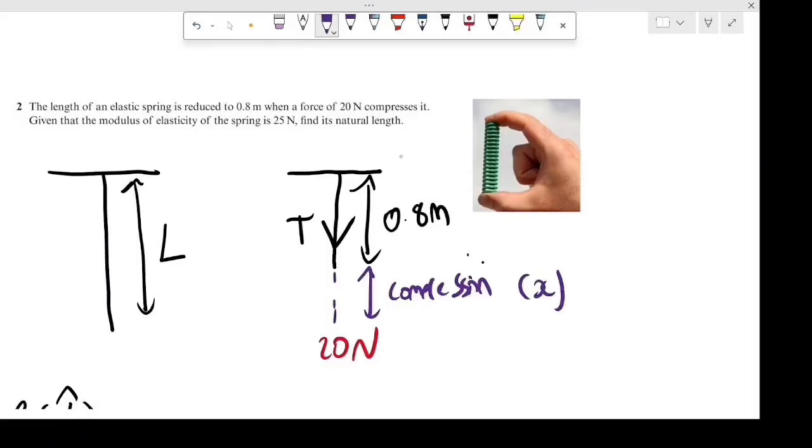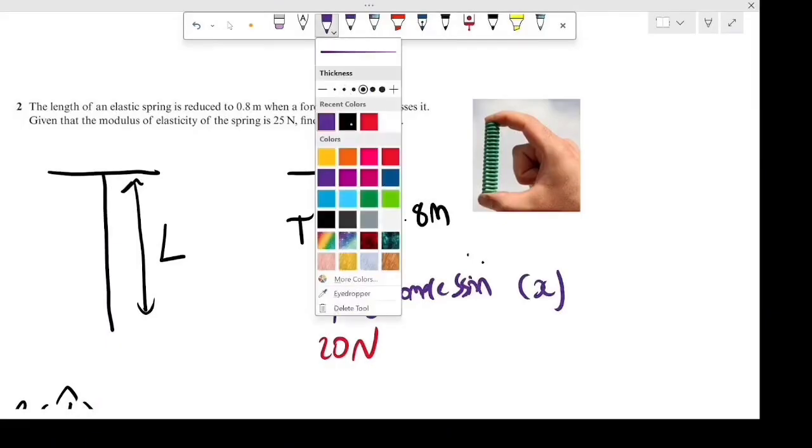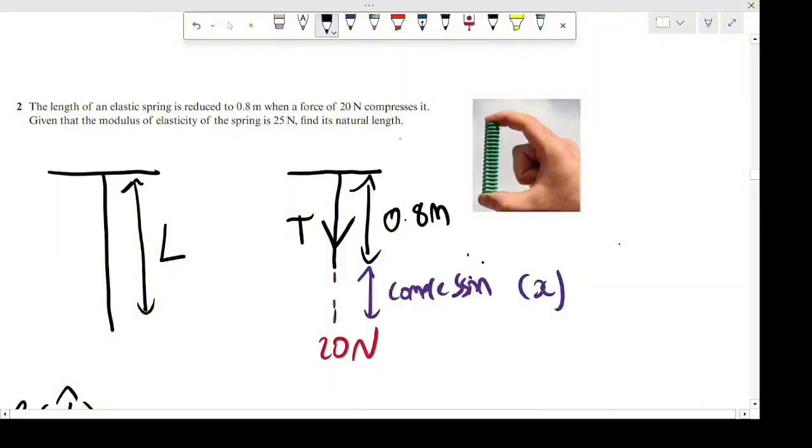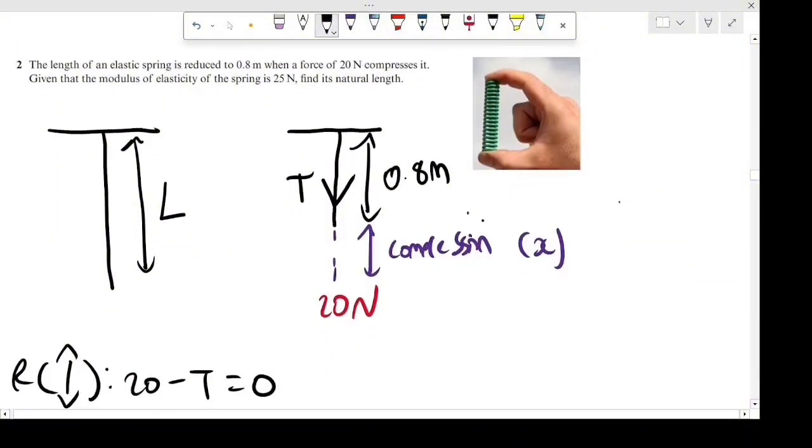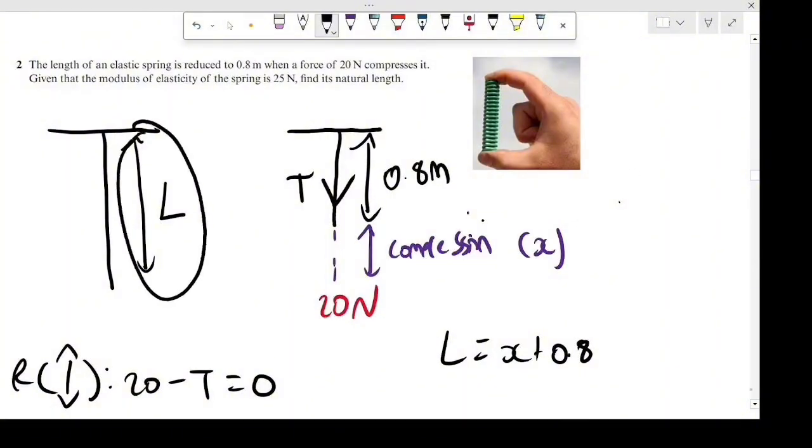Now, hopefully you can visualize that the natural or original length L is going to be the compression x added with 0.8 meters. Hopefully happy with that. Again, that's because the natural length is going to be adding these two lengths.